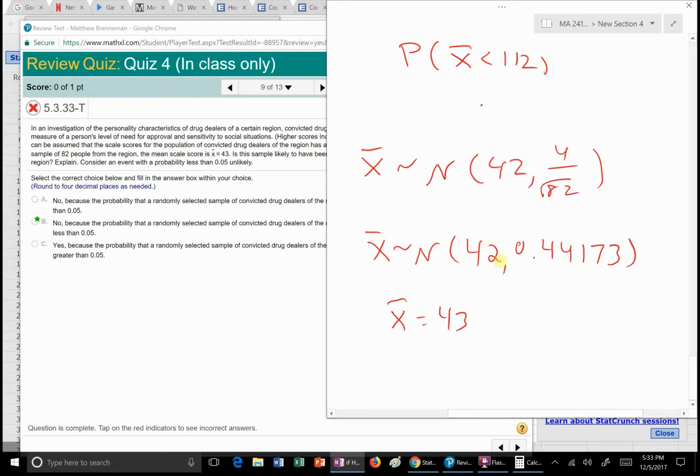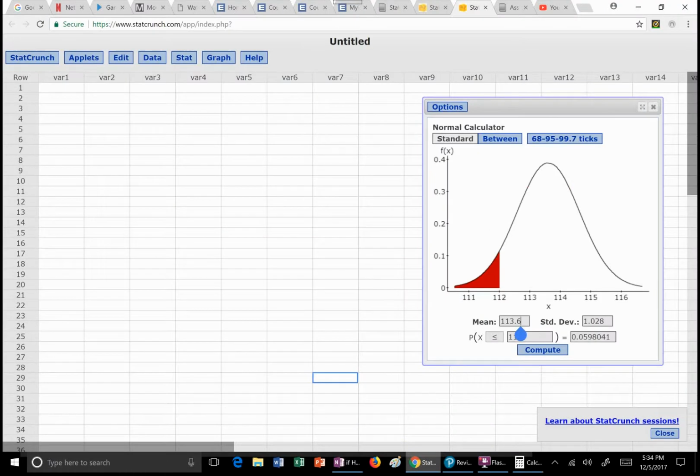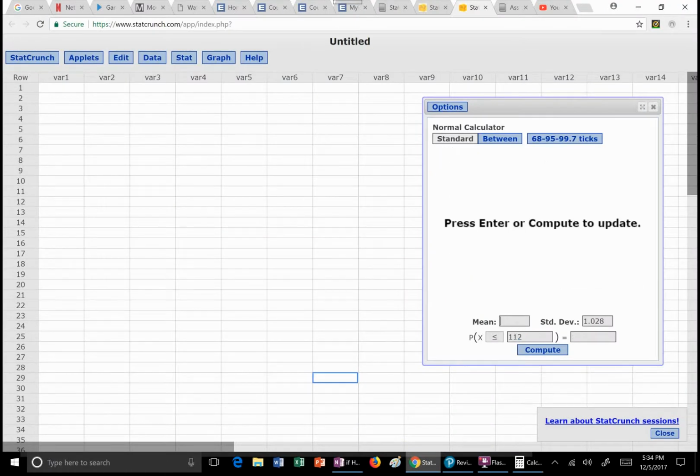So if they don't come from that region, the alternative, we're testing to see if they don't come from that region, would be that mu is not equal to 42. So I'm going to compute the probability in the tail of this test statistic and multiply it by 2, because this is a two-tailed test. Okay? So I'm going to go to StatCrunch. My mean here is 42.